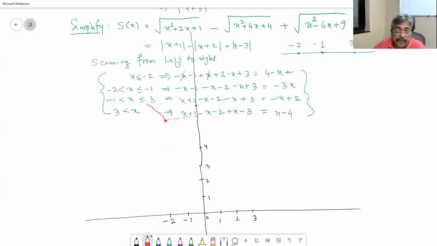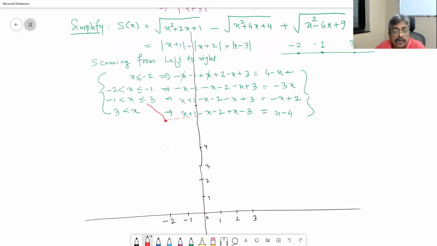Right? So good. Okay. Then it will follow minus x plus 2. Sorry, up to minus 1 it will go, not beyond that.